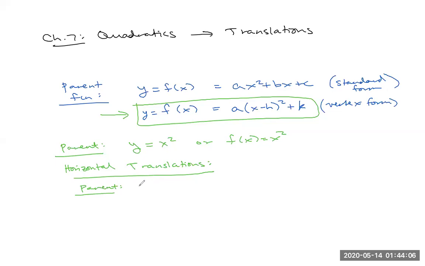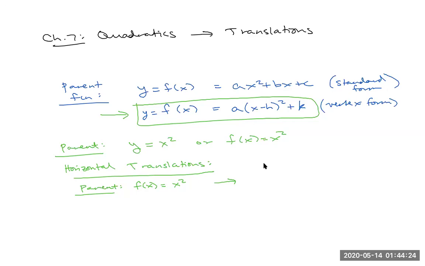horizontal translations, our parent function is still going to be f of x equals x squared. Now though, let's put this in pink, whatever.